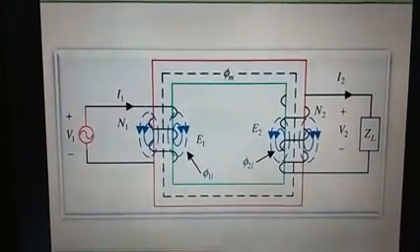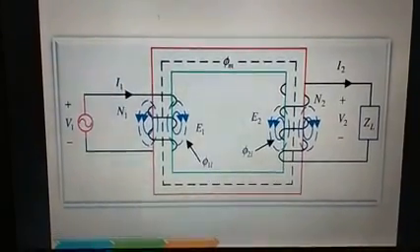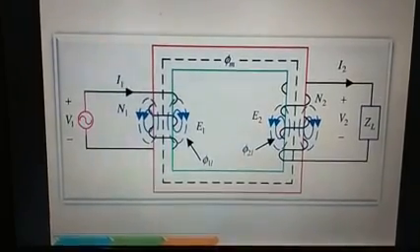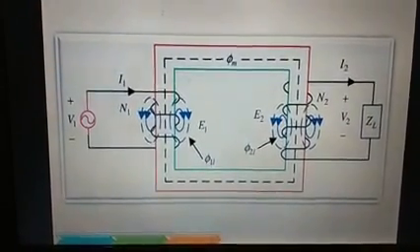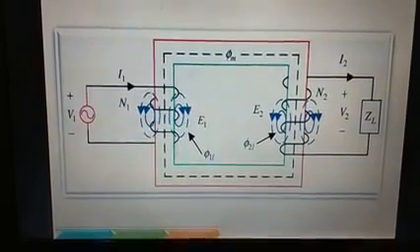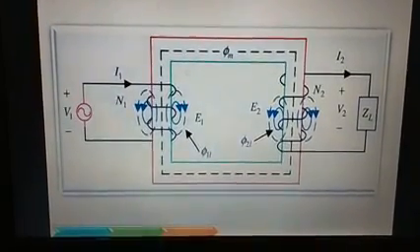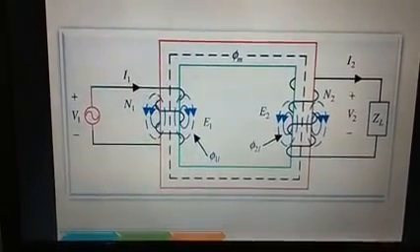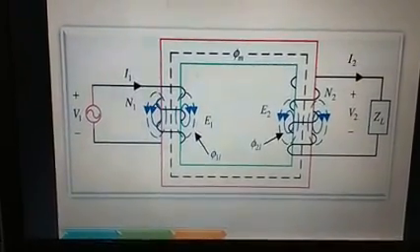The current in the primary winding establishes a flux. The flux that moves from the primary to secondary and links both the windings is called the mutual flux, and its maximum value is represented here as phi m.